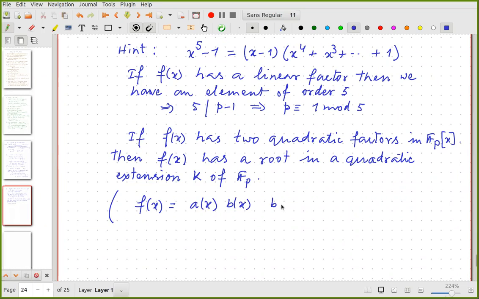So both quadratic, both degree 2, and irreducible. So if they are reducible, then it of course has a root. If they are not, then that is the question. So then we need to do this argument. Degree 2 and irreducible.